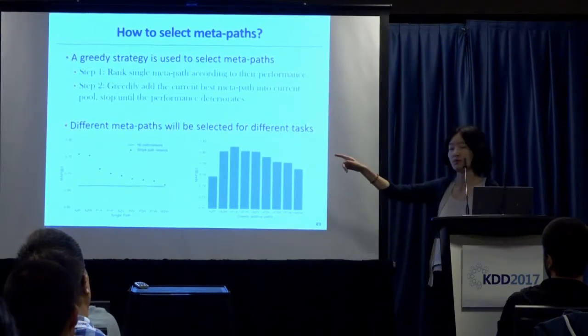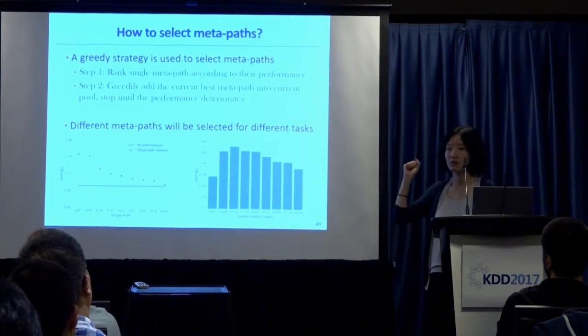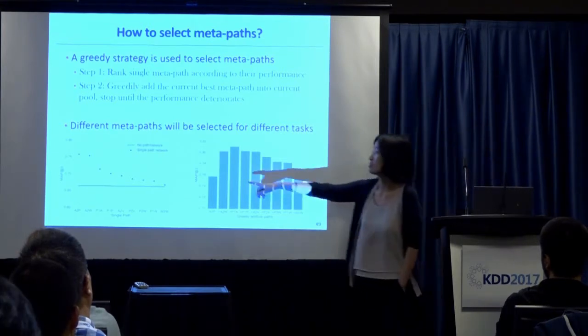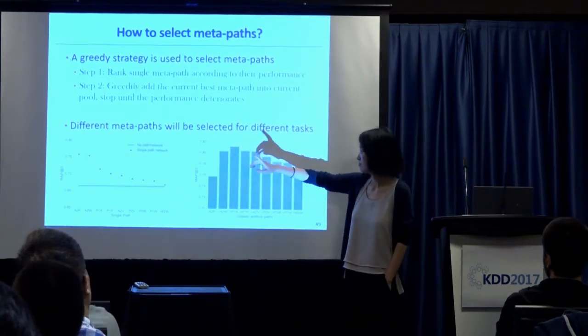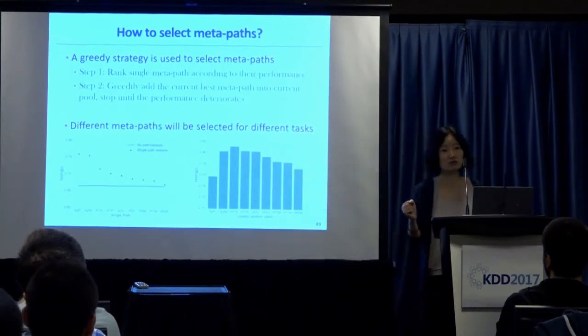We first add the best meta path to learn the general purpose embedding, and then we add the second best meta path in. It turns out that after some meta paths, if you still add another one, the performance drops.